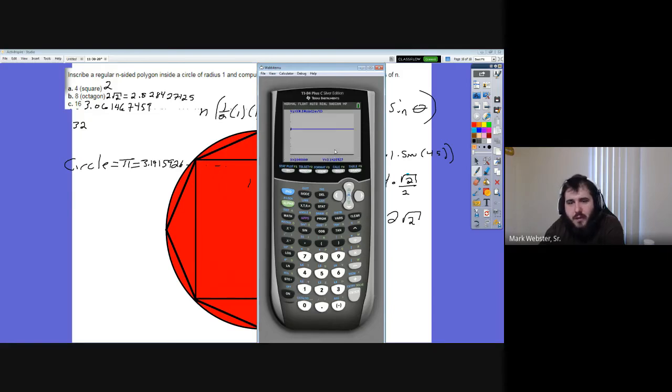Just as we keep going, we're getting much, much closer to pi. This is what's happening. But the point is there. It's approaching pi. It's approaching the circle.